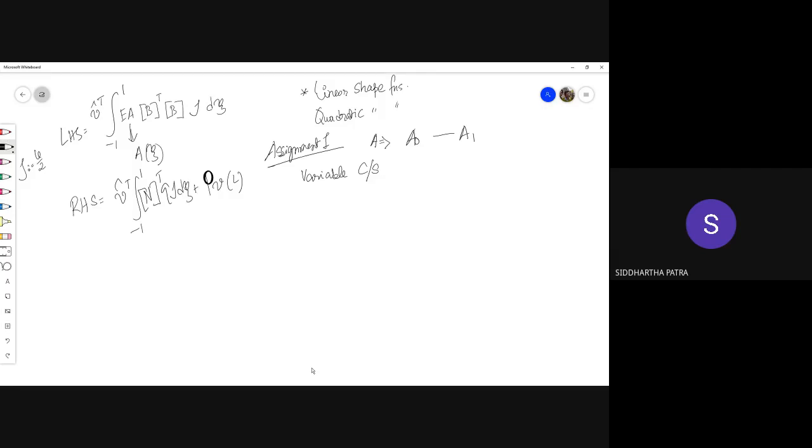In that expression also, A is not there. So A only appears within the domain of the stiffness matrix. That is the only thing that is going to change. A variable cross section might pop up in presence of either a linear bar element or a quadratic bar element.